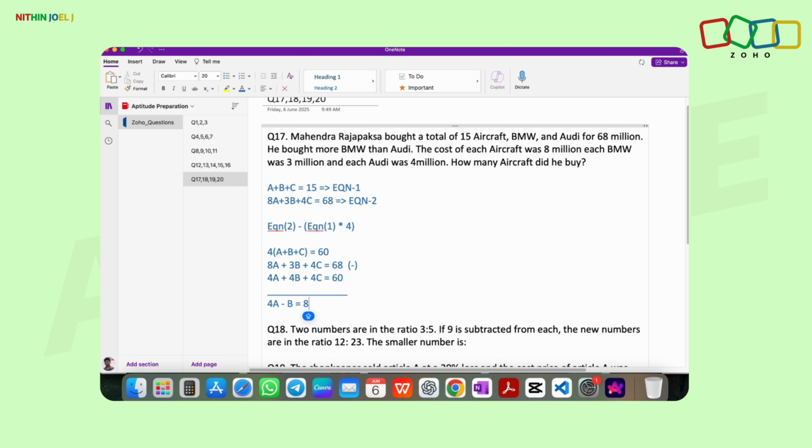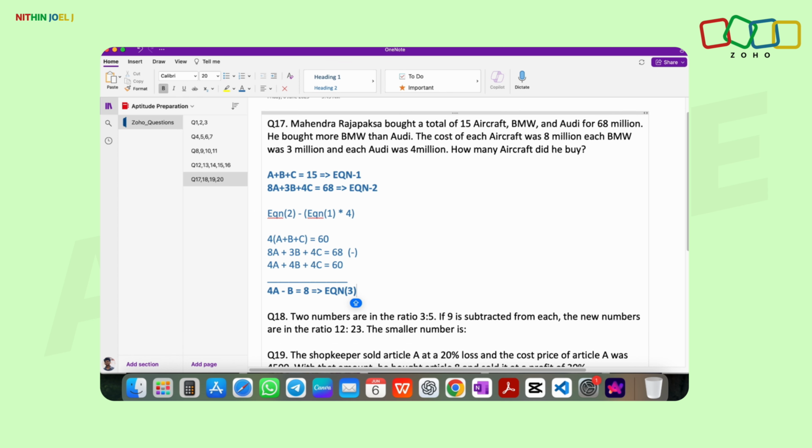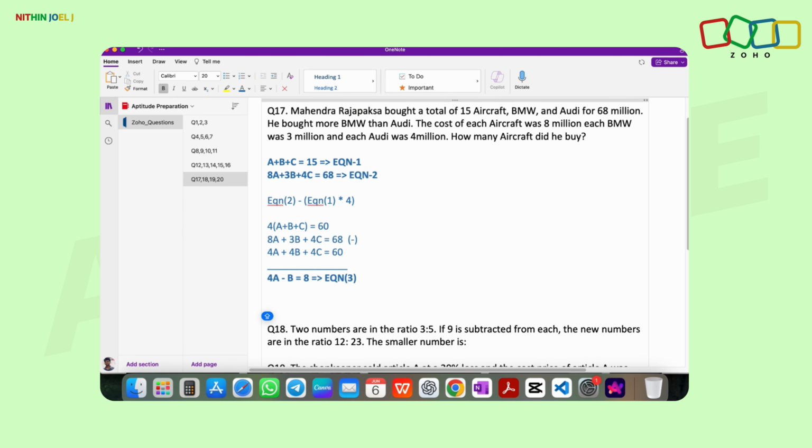So now we have formed equation 3. Currently we have three equations: equation 1, equation 2, and equation 3. As a next step, we are going to approach the brute force method.